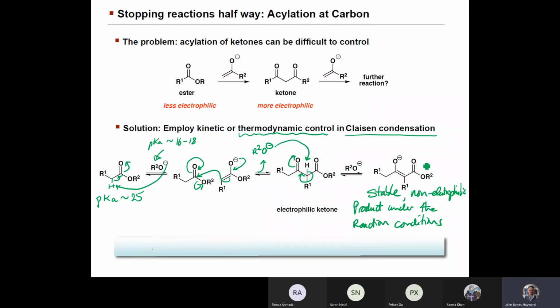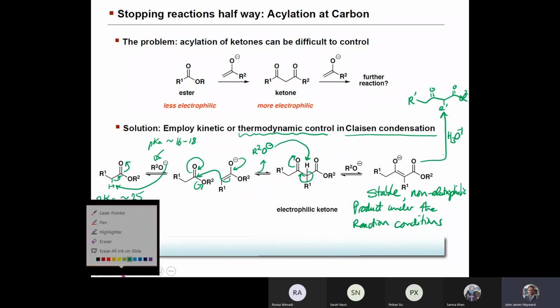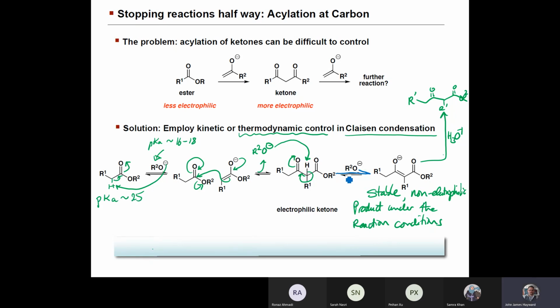Okay, so in order to actually get the ketoester that we want, we need to then react it with H+. That then gives us our desired product. Now, the key thing here is that all of these steps are reversible, but the last one is not particularly reversible. Okay, so we can redraw this like this.